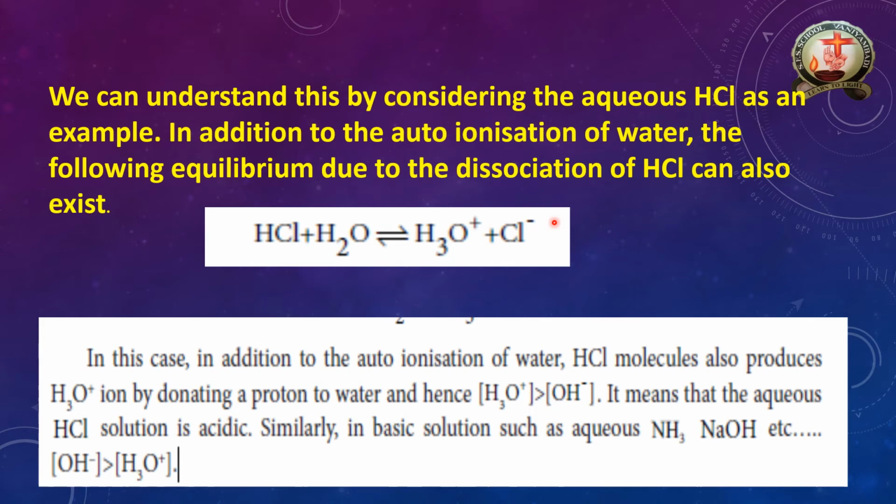It means the aqueous solution of HCl is acidic. If the OH minus ion concentration is greater, the solution is called a base. If the H3O plus ion value is greater, it is called an acid.